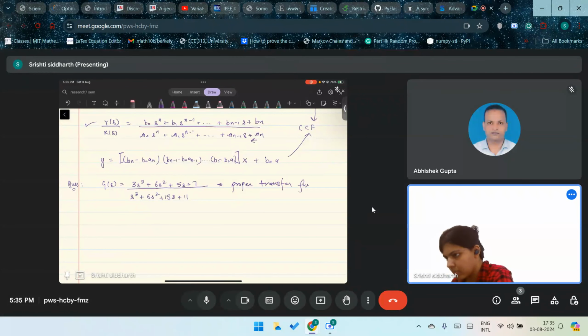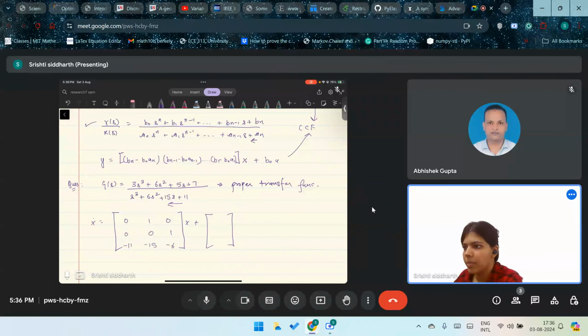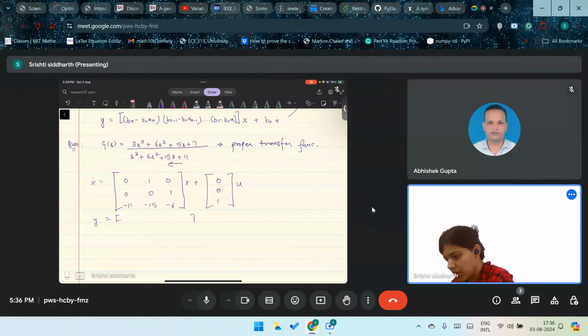And let's see that we have been given a state space representation. So a 3 by 3 matrix, 0 1 0, then we have 0 0 1, minus 11 minus 15 minus 6 because of these coefficients, times x plus b times u, and y is given as some constant times x plus 3 times u.